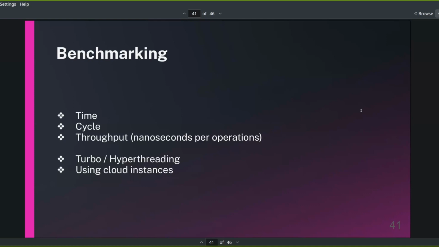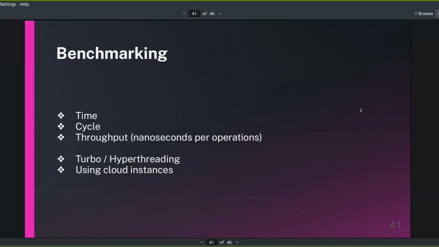But on your own PC, it's very useful. And if you want to compare across libraries, I think you need to use cloud instances. Amazon has very well-defined cloud instances, and this way you also make sure that there are no parasites from, I don't know, your mouse, your Zoom call, VS Code, your browser, and things like this.